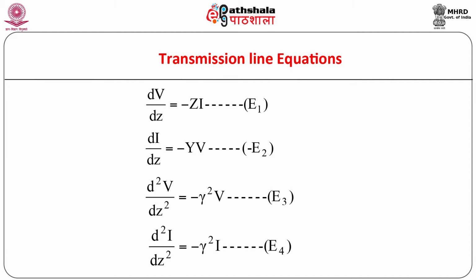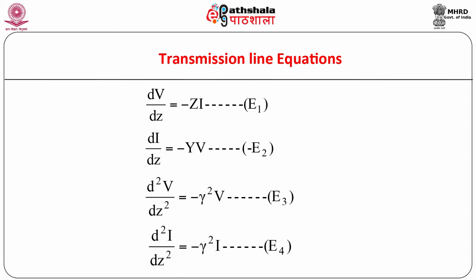On similar lines, we can transform the remaining 3 equations, namely equations 3, 4 and 5, into phasor form. Thus finally, assuming that the signal travels from generator to source along the transmission line in the z direction, we can derive the frequency domain transmission line equations in phasor form as shown, namely E1, E2, E3 and E4.